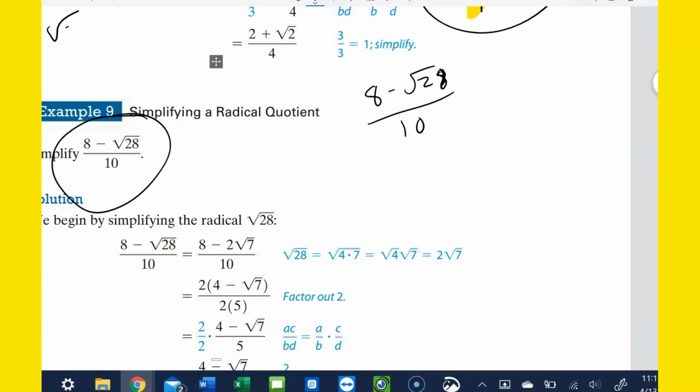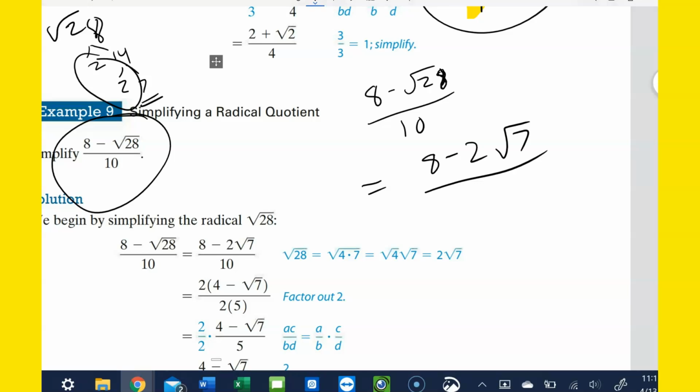So the square root of 28 will break down to, let's say, 2 times 14. 14 is 2 times 7, so I got a pair of 2's with an extra 7 left over. So that's going to become 8 minus the 2 comes out, the 7 stays under, over 10. Now, all 3 of these terms can divide by the same number.